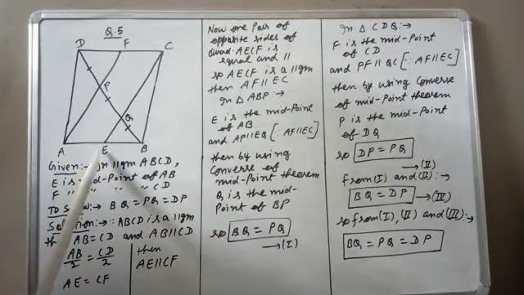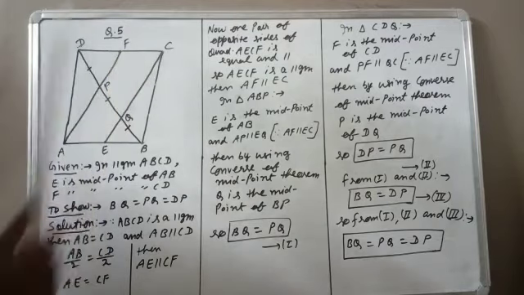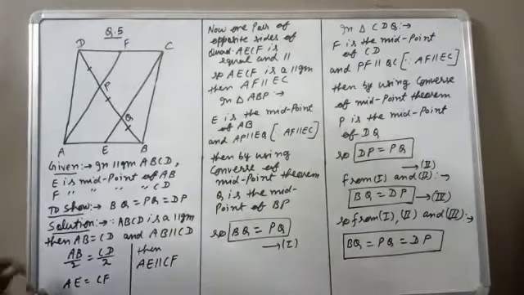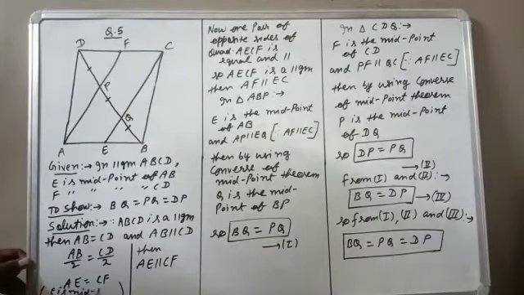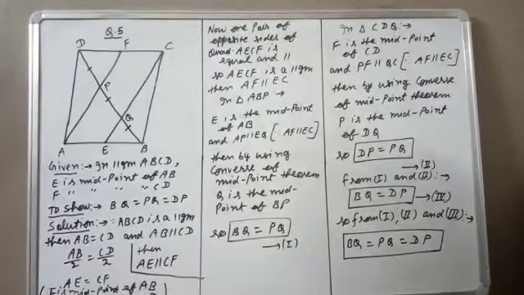Because E is the midpoint, AB half is AE, and F is also the midpoint, so CD half is CF.